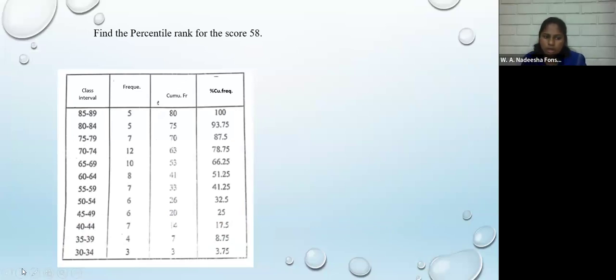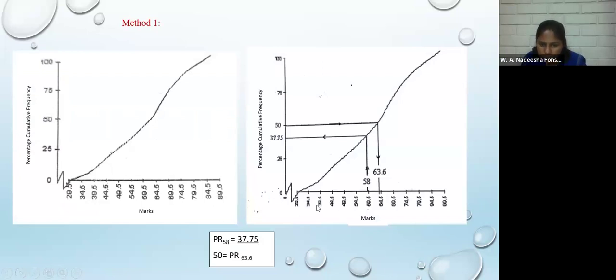Therefore, find the 58 mark on the x-axis, draw a vertical line upwards until you meet the curve, then draw a horizontal line to the y-axis and obtain that value, which is 37.75. So PR of 58 equals 37.75.